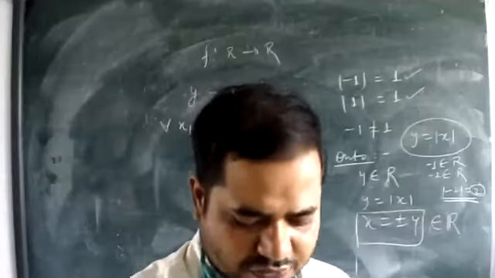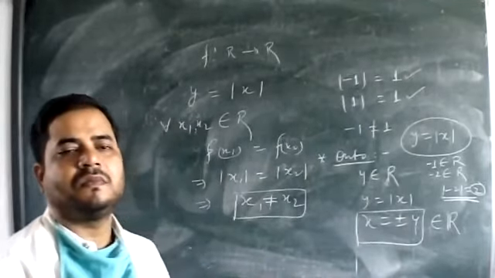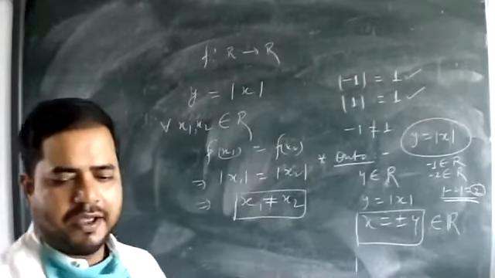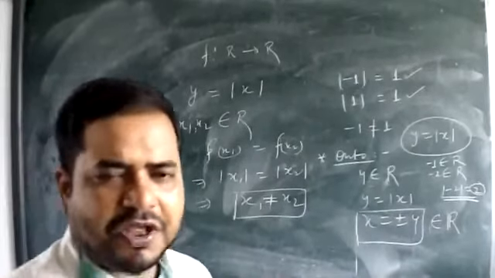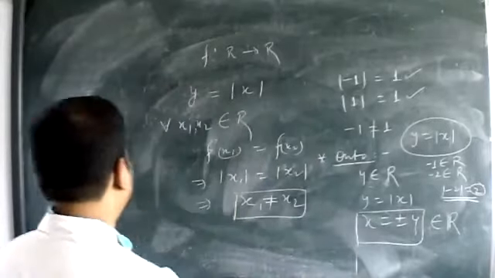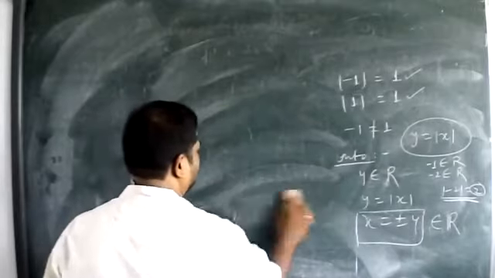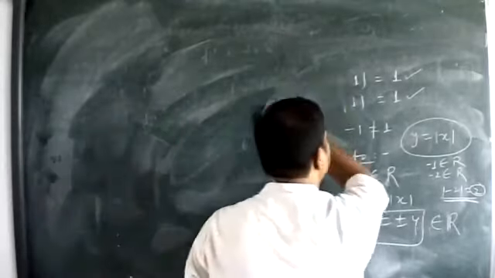You may understand this one also. Okay, same thing for the greatest integer function. If you talk about the greatest integer function, then what is it? y is equal to bracket x.